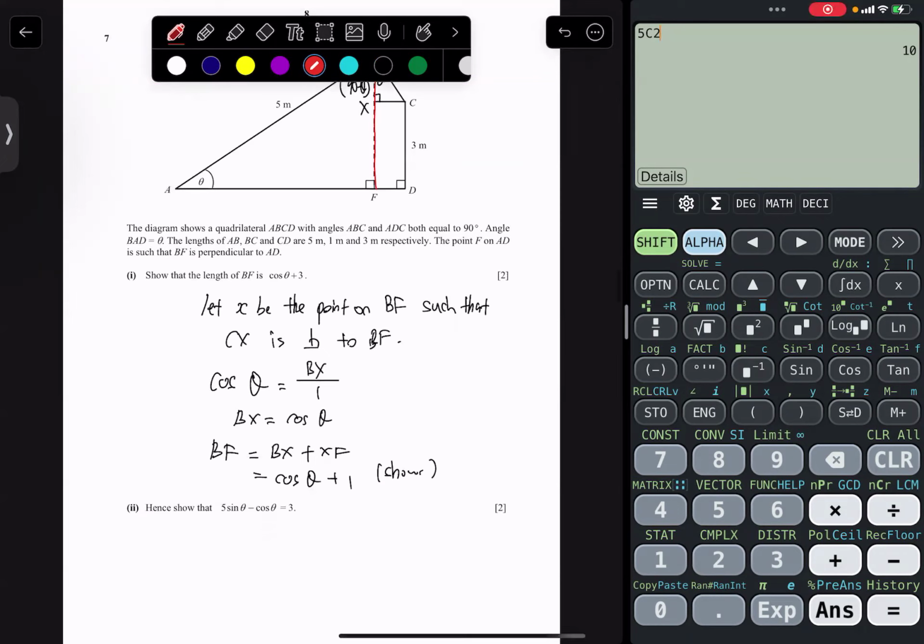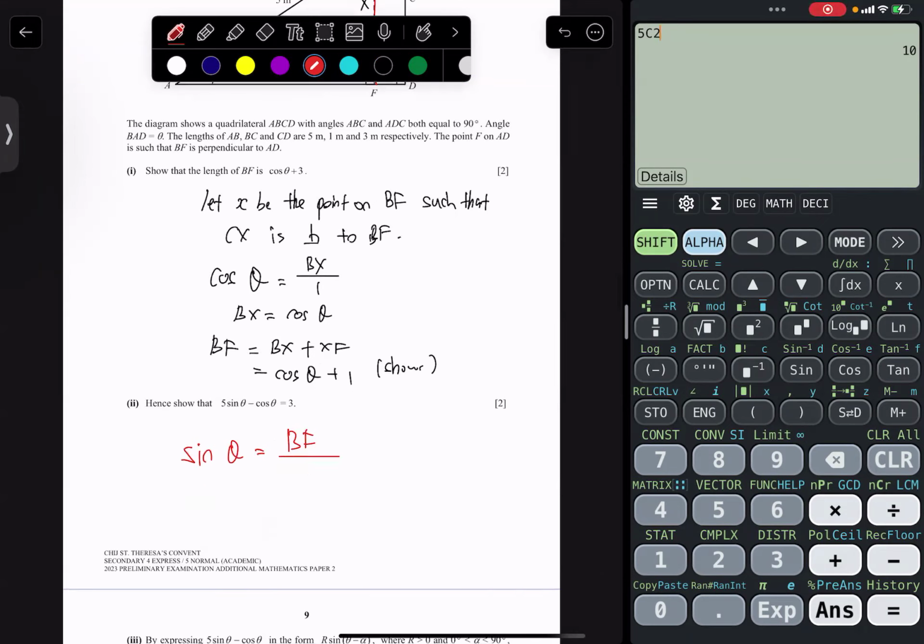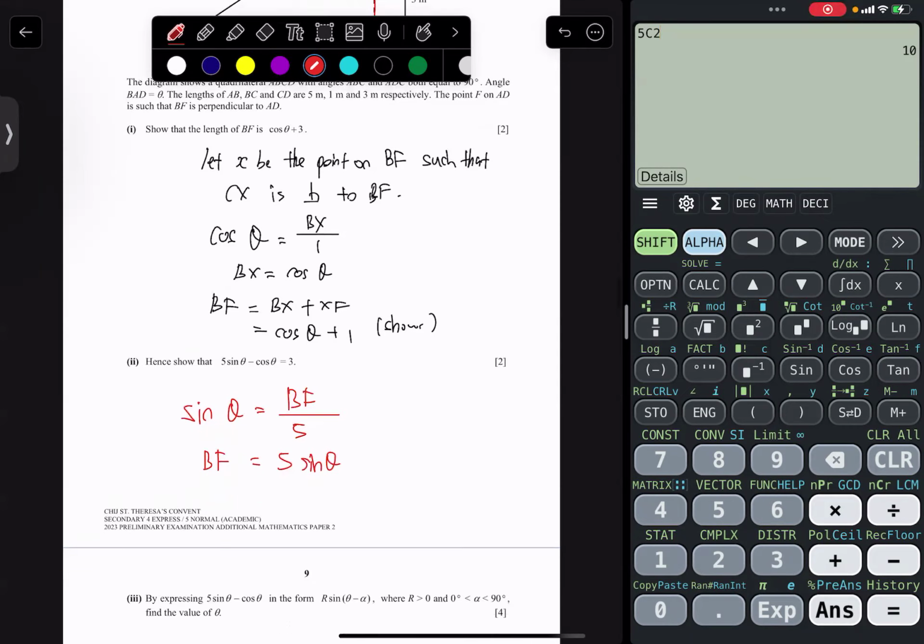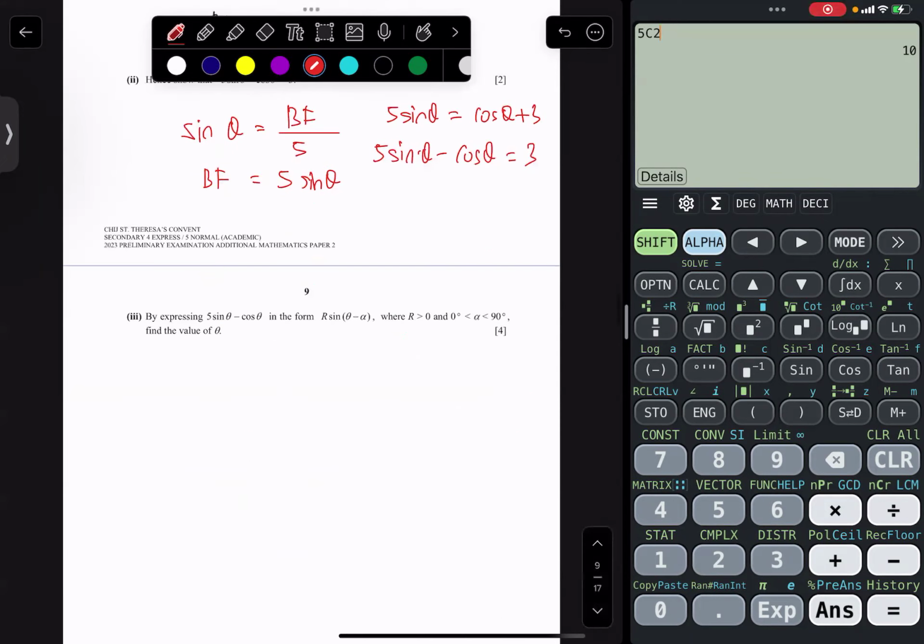So 5 sine theta equals cos theta plus 3. So 5 sine theta minus cos theta equals 3.